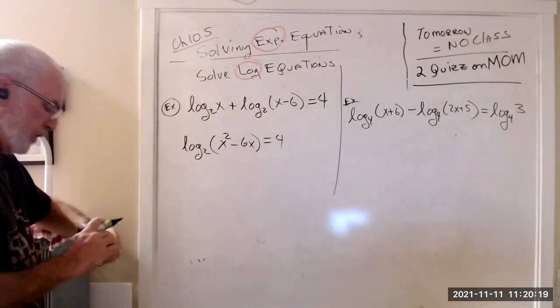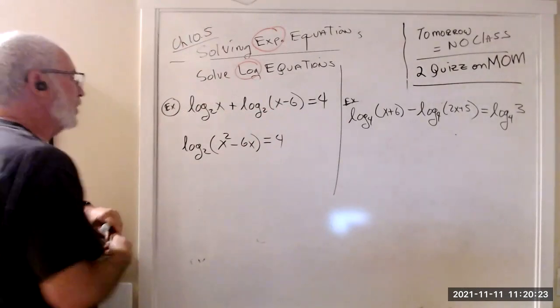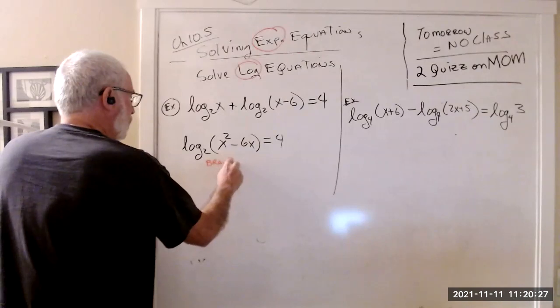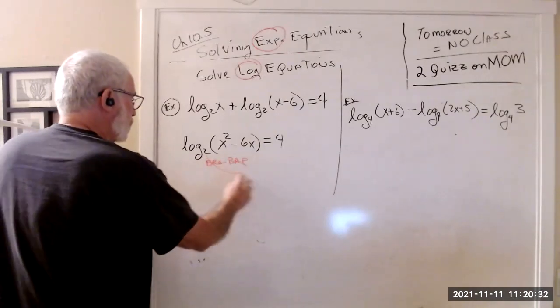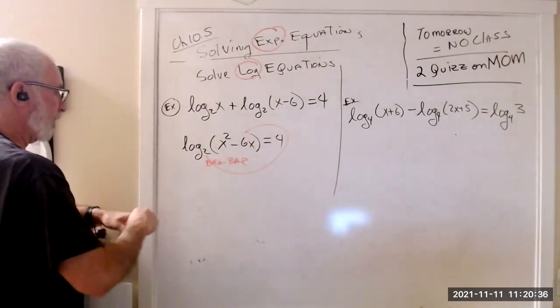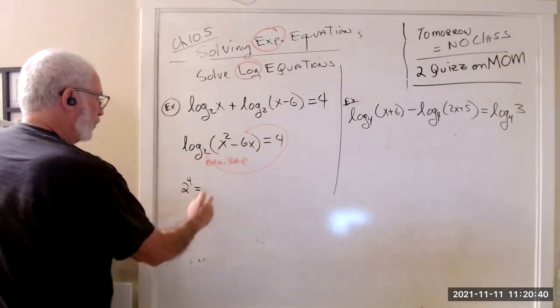Now, the next game, after I condense them, is to apply the Bra-Bar rule, which is 2 to the 4 equals that mess.